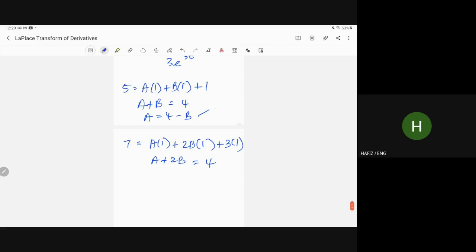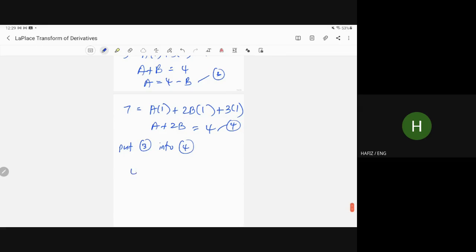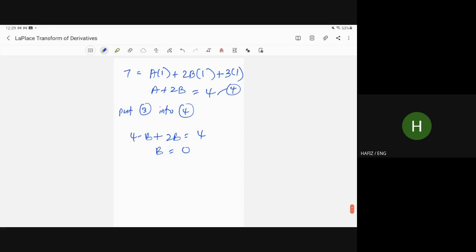So you put 3 into 4, and you have 4 minus B plus 2B is equal to 4, and B is equal to 0. If B is equal to 0, A is equal to 4 minus B, which is 4 minus 0, which is 4.